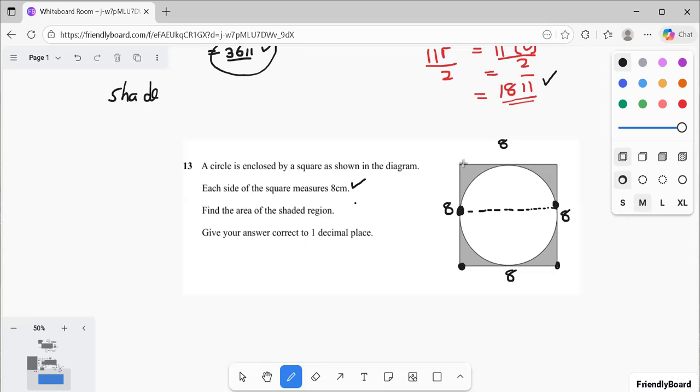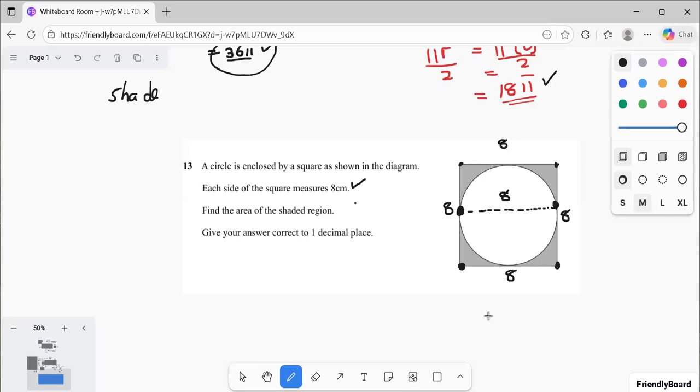So the diameter of the circle is going to be 8. That's the diameter, okay? But for me to work out the area of the circle, I need the radius.